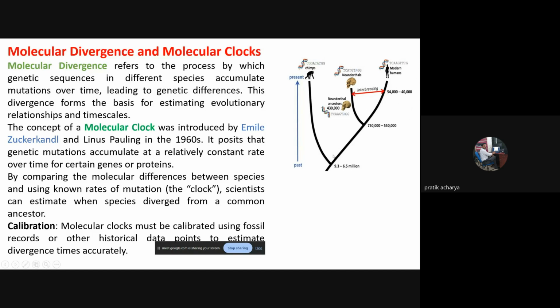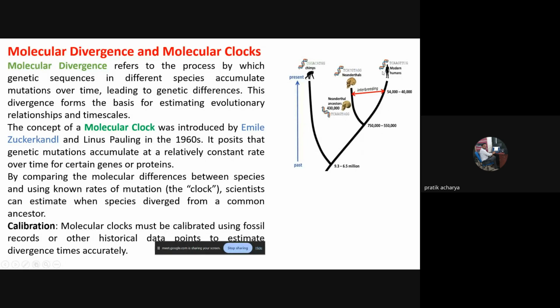If you look at this picture, from this common ancestry, this group is different from this group because this group has the property, but this group accumulates mutation after mutation at certain points, and at last they form a new species.